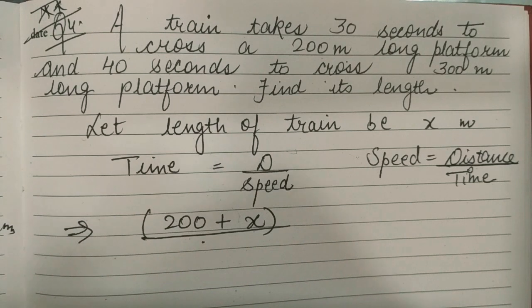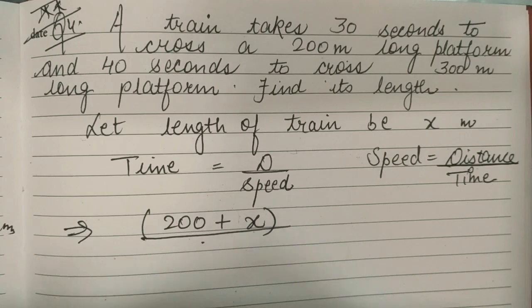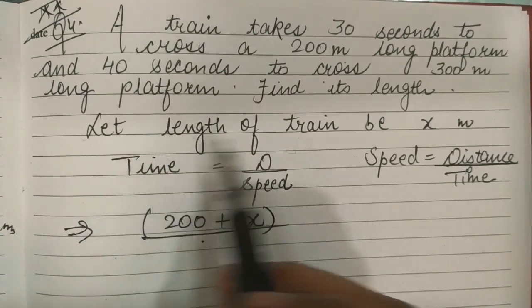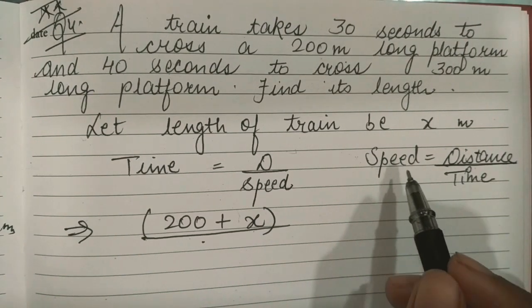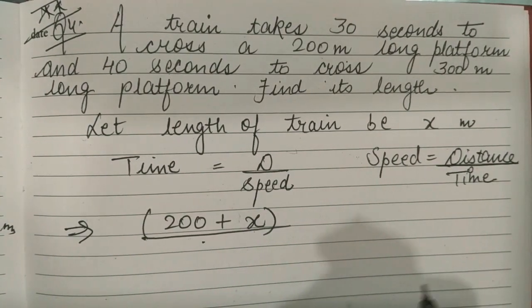This question is very important. A train takes 30 seconds to cross a 200-meter long platform and 40 seconds to cross a 300-meter long platform. Find the length of the train. So let us assume that the length of the train is x meters. The formula to calculate the speed is distance upon time.